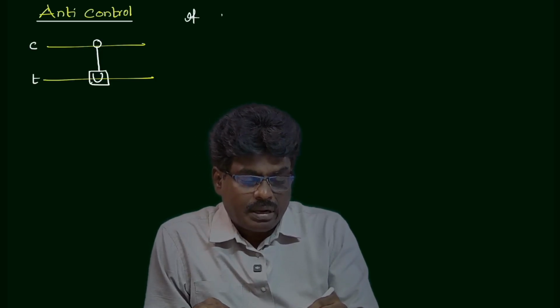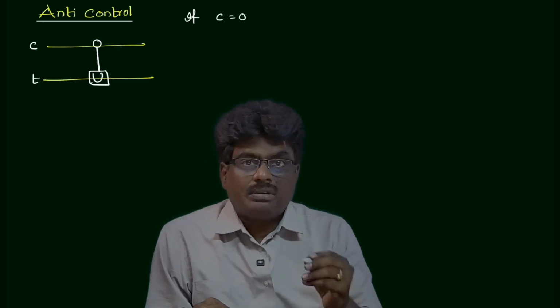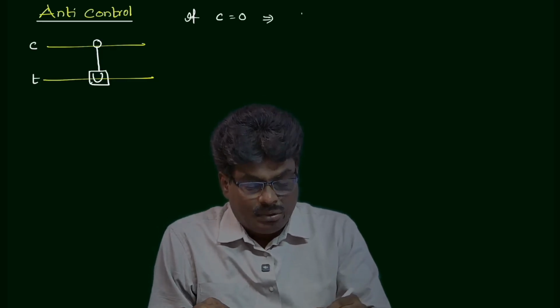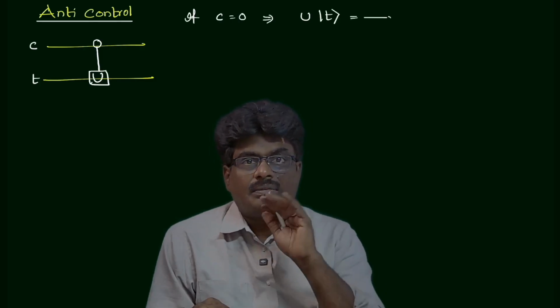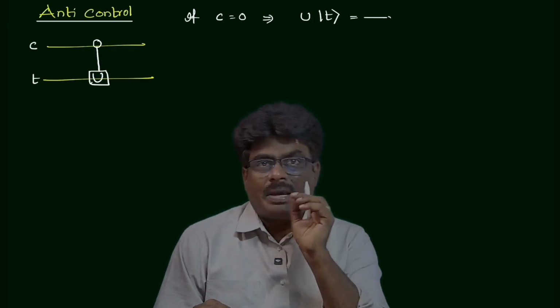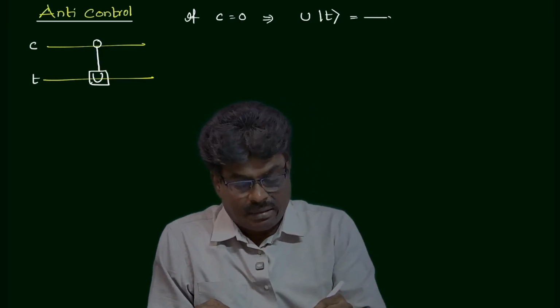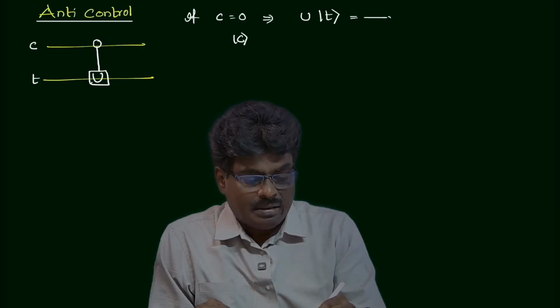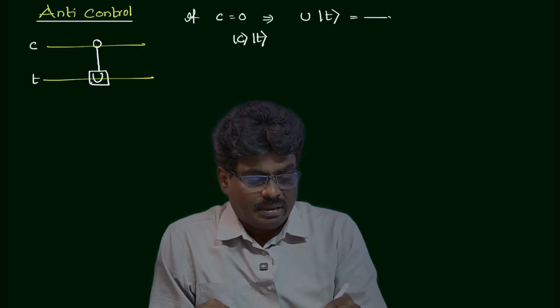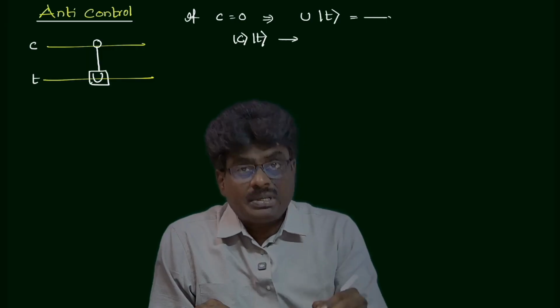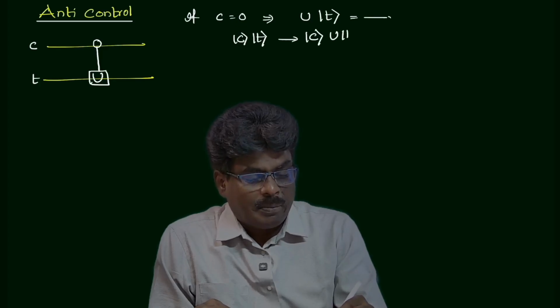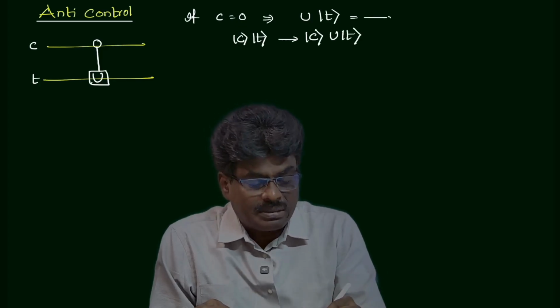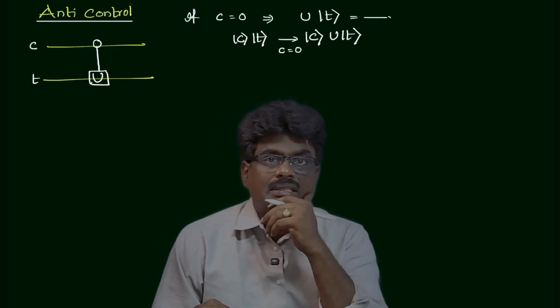If the control bit is 0, then only you will operate on the target state. Otherwise, it won't operate. It will be as it is. That means the initial state is C, and this gives, if C is 0, C as it is, and U operates on T. All this is possible only if the control bit is 0.